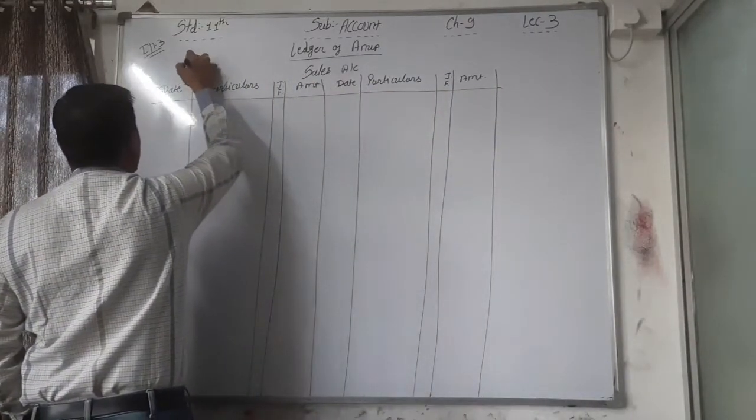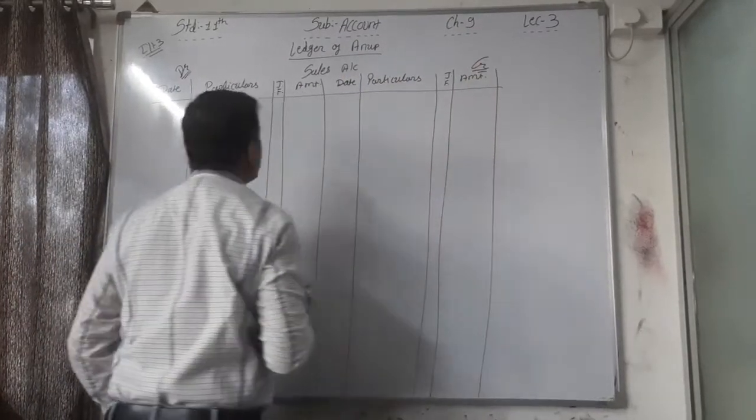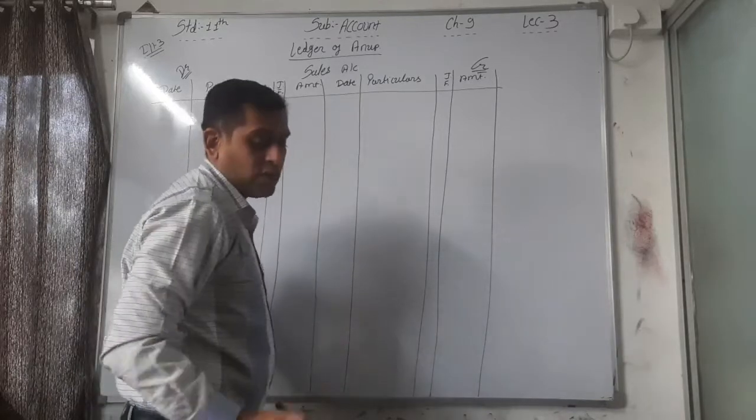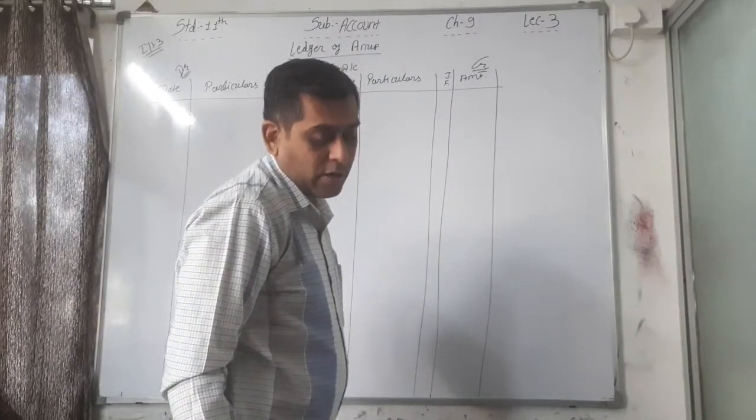This one is the debit side and this one is the credit side. Sales account. Then which three parties are there? Ankura, Jigar and Hia.